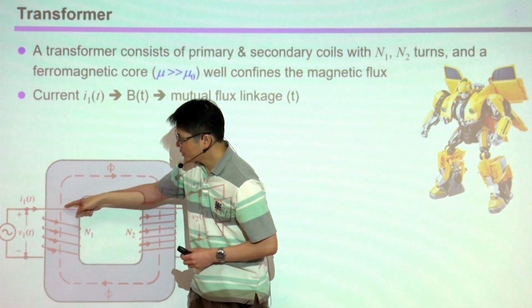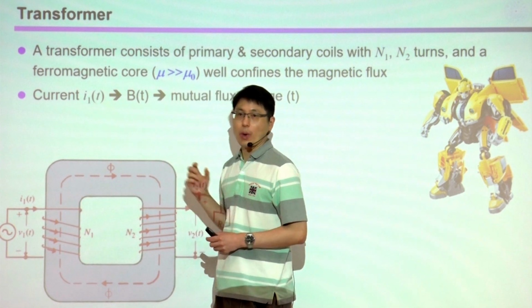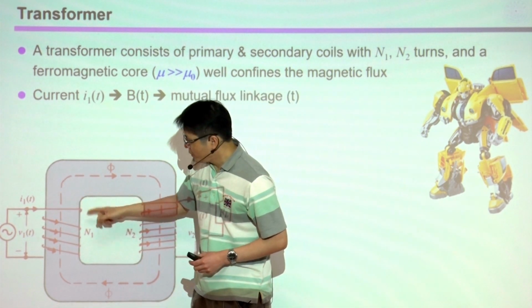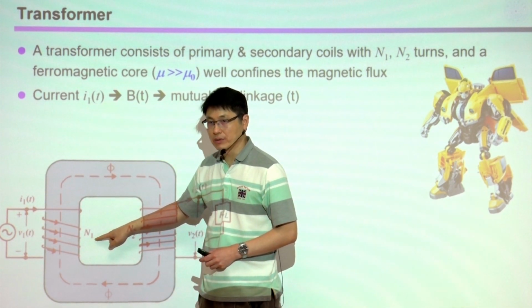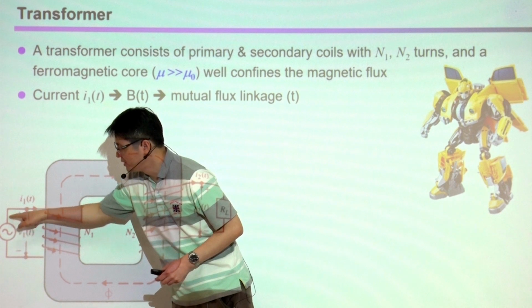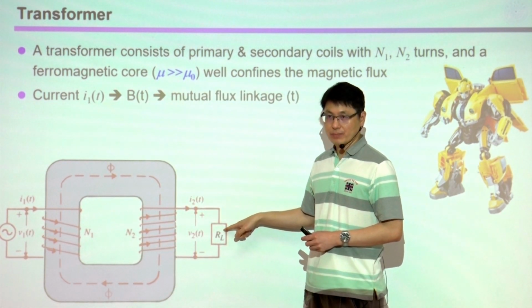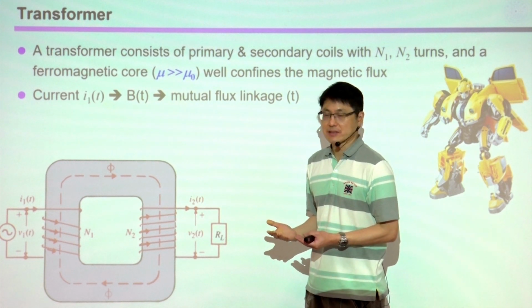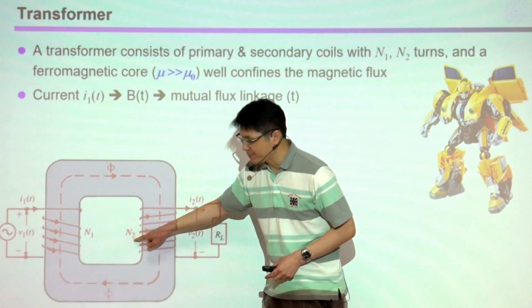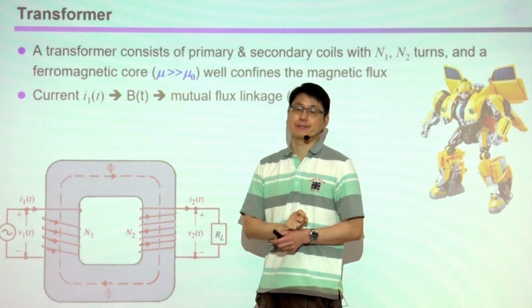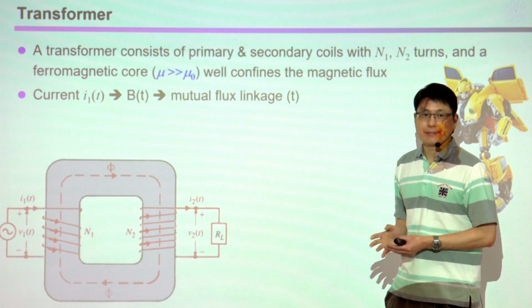And then you have two coils, wires, wound on this core. Usually you have winding one with N1 turns, and you drive this coil. But you connect your device to the second coil. The second coil can have a different winding number, N2, right? So basically, that's a transformer.